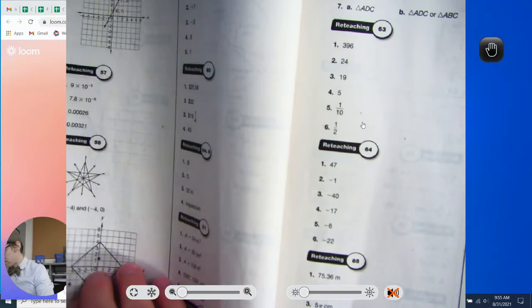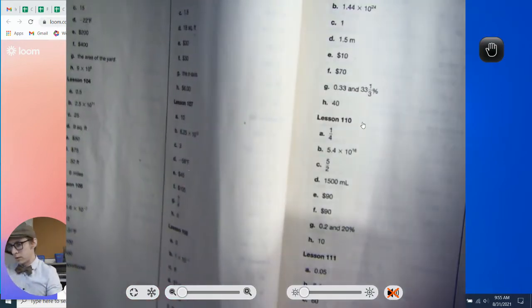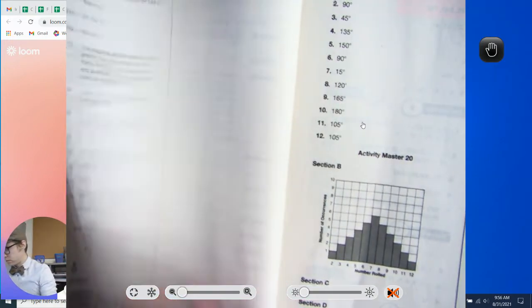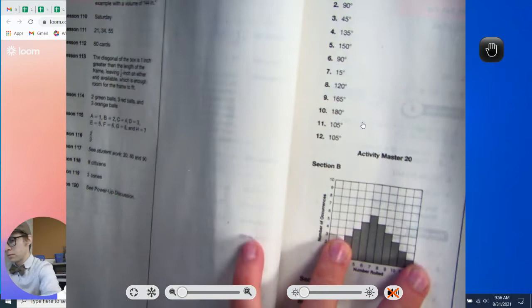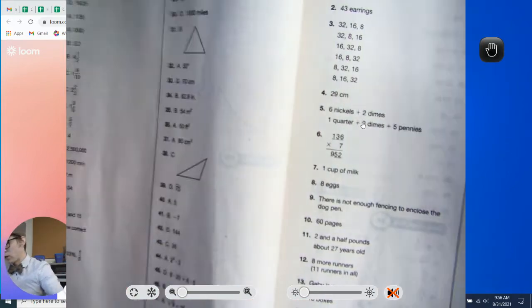So we are at practice set. This book is a pain in the butt to look through. Power of test, baseline test, practice set.